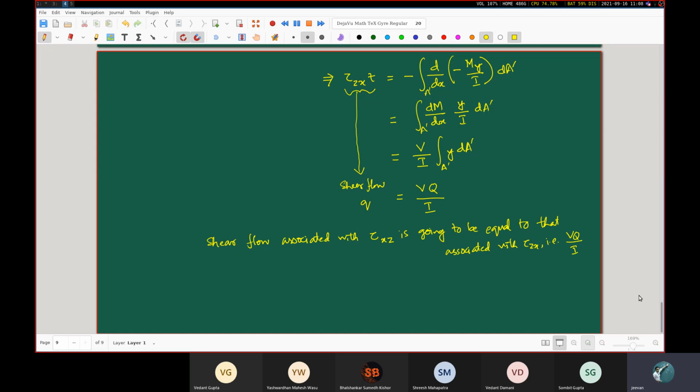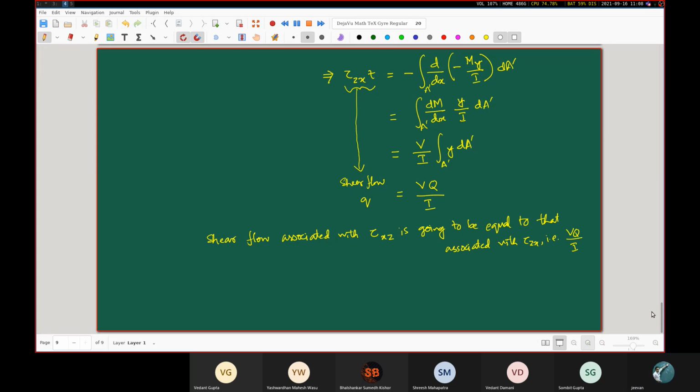So think of it like this. We have our I section, our I cross section like this. Now I am drawing a front view of it.